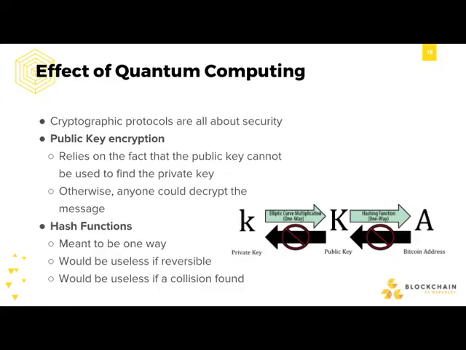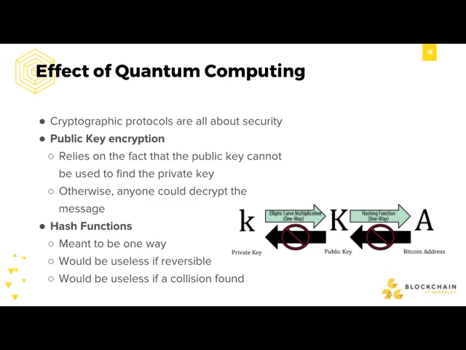I'm going to delve more into the effect of quantum computing. As I mentioned earlier, cryptographic protocols are all about security. Public key encryption relies on the fact that the public key cannot be used to find the private key. Otherwise, anyone with the public key could decrypt the message and find the private key. Same goes for hash functions.